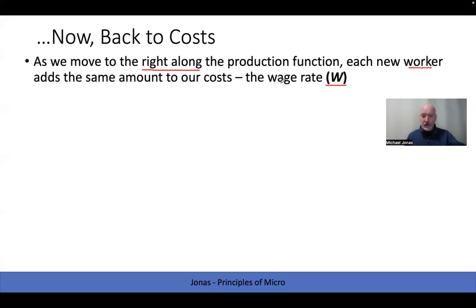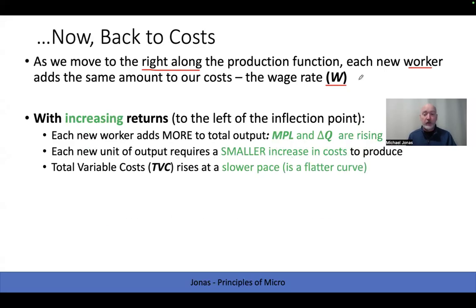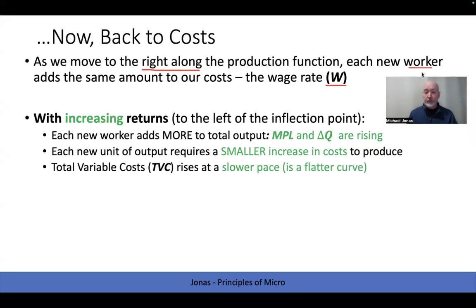Variable cost rises the same amount relative to labor. Each extra worker adds the wage rate to our cost, $20 per hour, for example. But when we plot it against output, each additional unit of output requires a different amount of time to produce, a different amount of labor input. So that change is going to be different based on labor productivity.